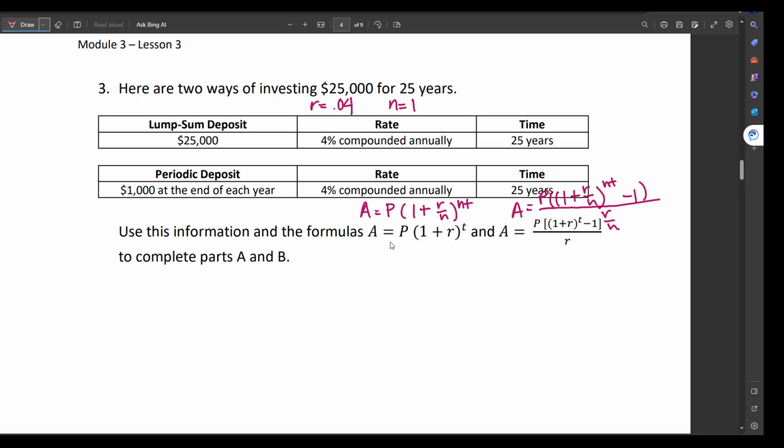So don't be confused at these formulas. They'll give you the same ones on the question in Pearson, but it is the same ones that we have been working with this whole time.